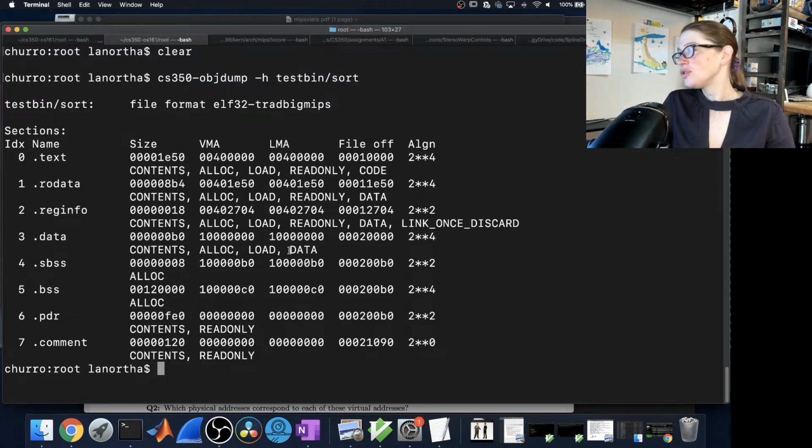Now, a question on Twitch here. What's the difference between VMA and LMA? Actually, I'm not 100% certain. I believe VMA is where in the virtual address space the segment begins, and LMA is where we should start loading the data into that segment. That makes sense, but you might be wondering why we have to specify the VMA and LMA separately.